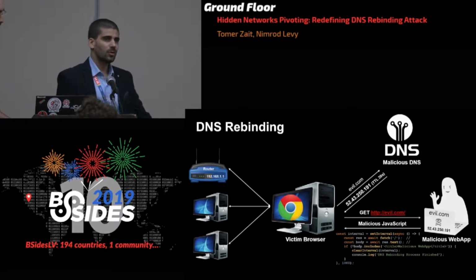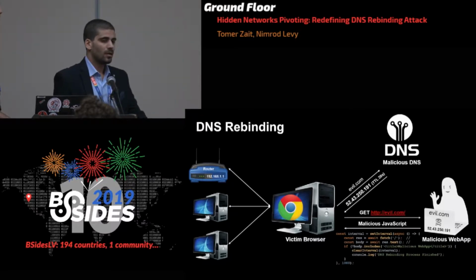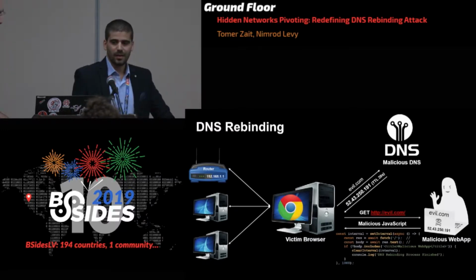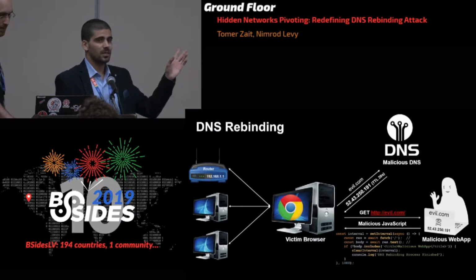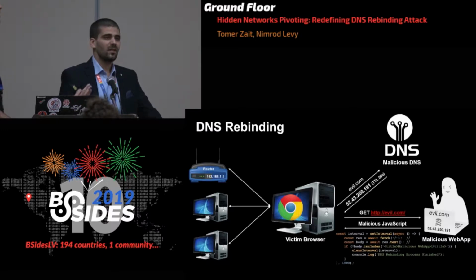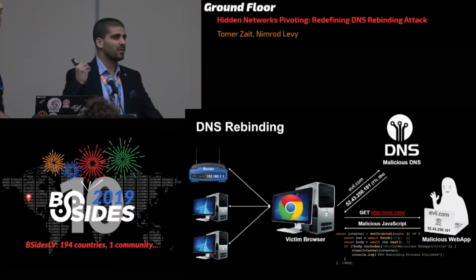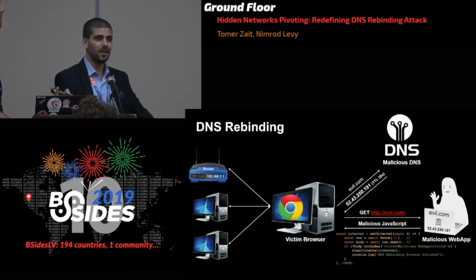The JavaScript code will call itself until the evil.com HTML title is changed. Once the title is changed, the attacker knows that the rebinding process was successful. When the script calls itself, our DNS server will change the IP assignment to another internal IP.